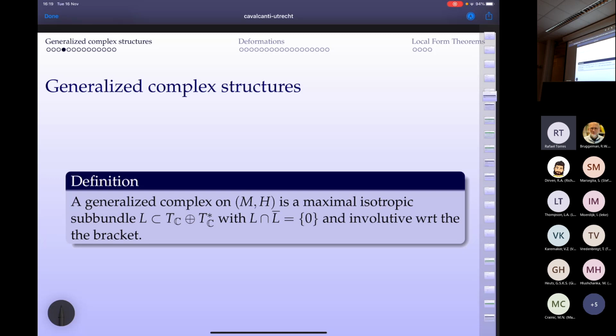It should be maximally isotropic, have half of the dimension, and be involutive with respect to the bracket. The first two conditions are pointwise linear algebra, and they just say that you get an orthogonal complex structure. And the last one is the same integrability you had before. So this is kind of okay. If you thought a bit about complex vector spaces, that was not particularly bad.